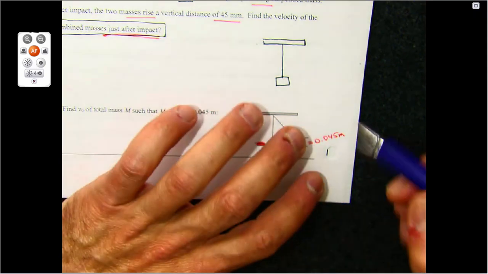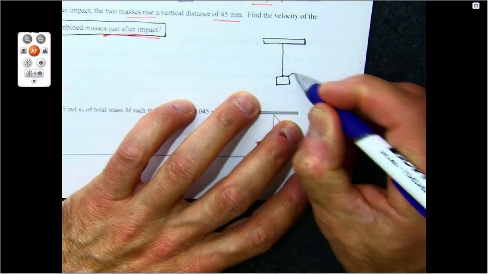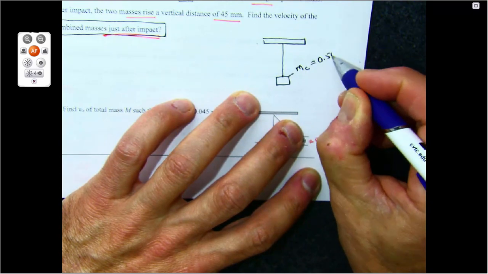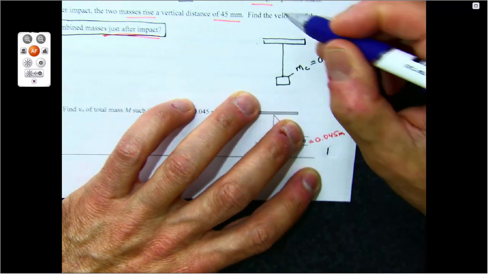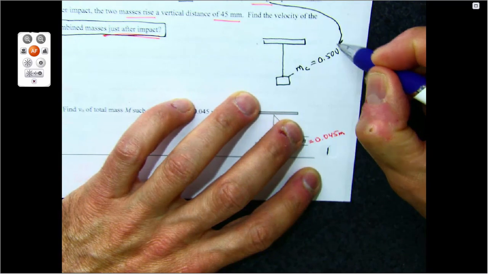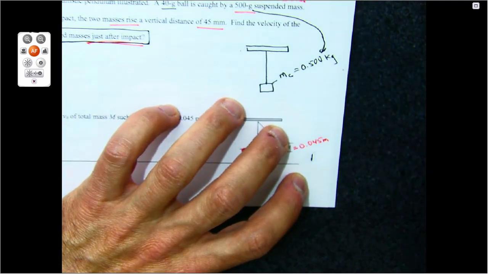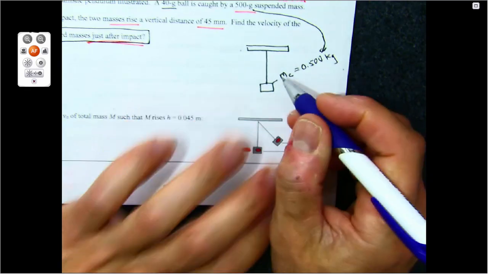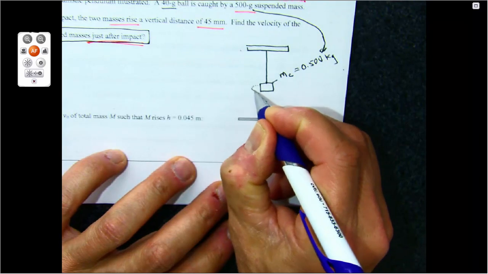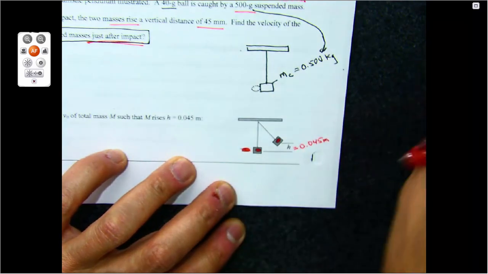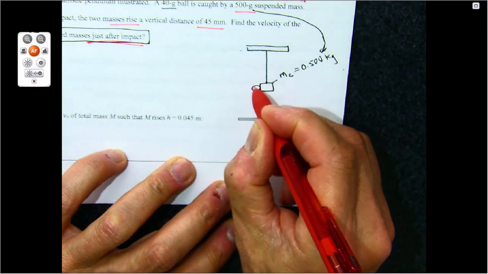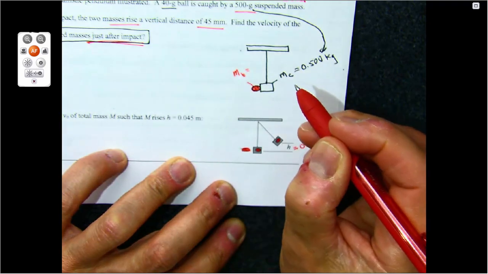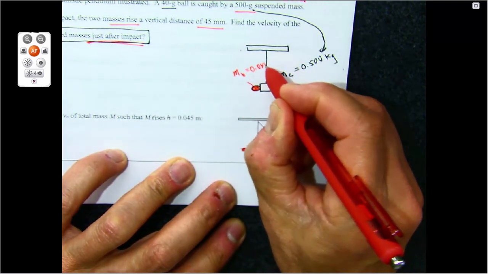So this catcher, MC, is 0.500 kilograms, right? The ball coming into this, the egg, is going to come in, and that mass of the ball was 0.040 kilograms.